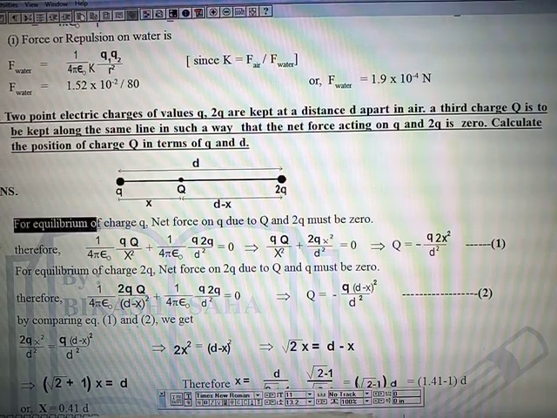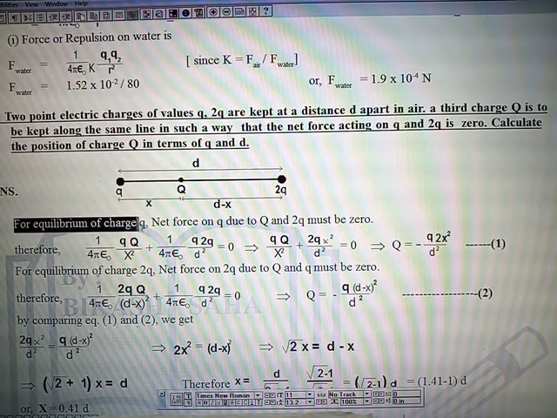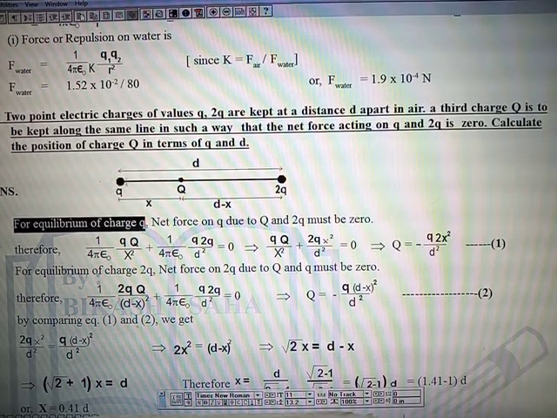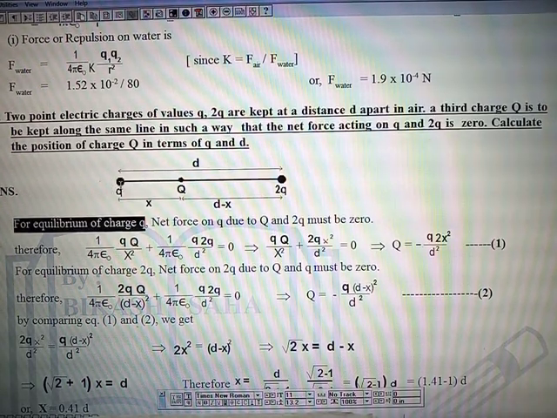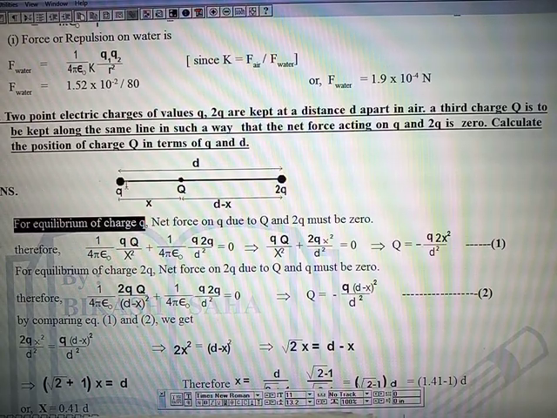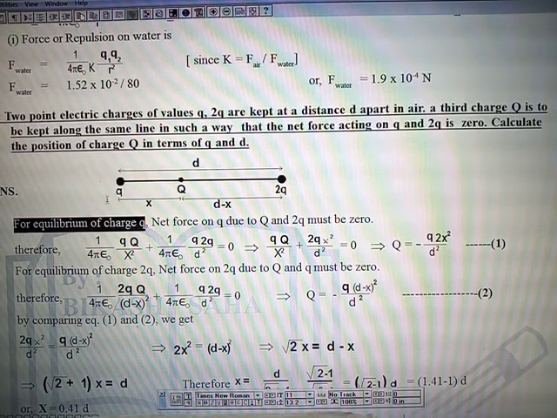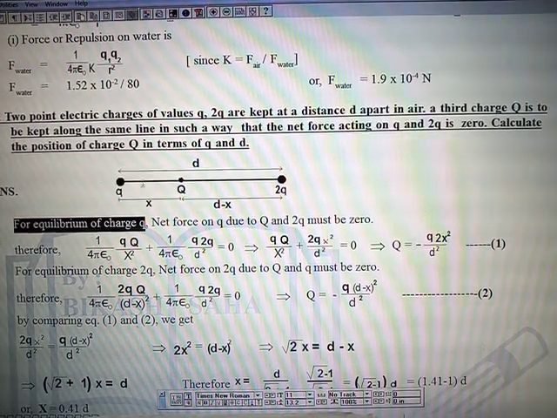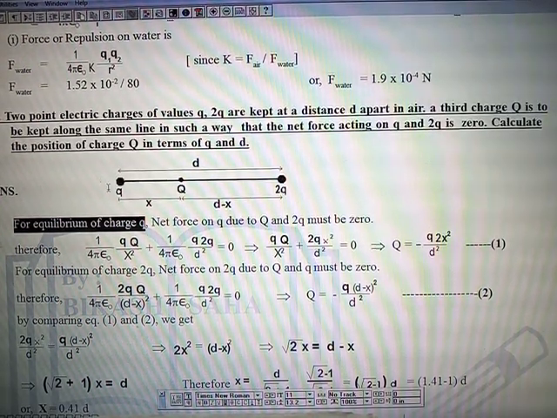Let me write this. First you have to write equilibrium. Why equilibrium at q? Because at q, a force is produced by capital Q and also by 2q. Once again, force produced at small q by capital Q and also 2q.